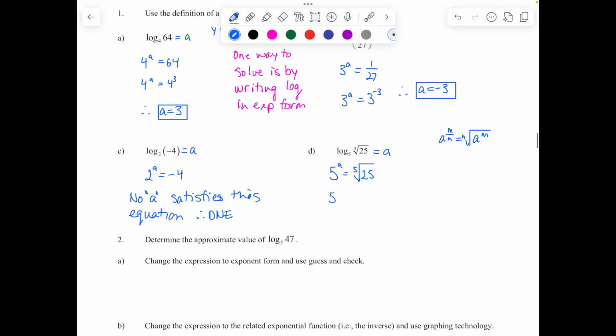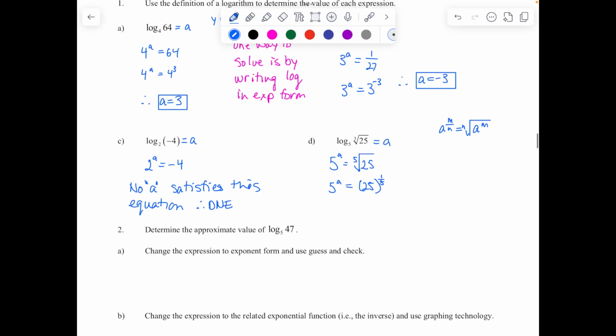So we can rewrite this radical as a power, 25 to the 1/5. Now we can rewrite 25, because I know 25 is 5 squared. We call this a change of base. I'm changing the base of 25 to a base of 5, so instead of 25, I'm writing 5 squared.